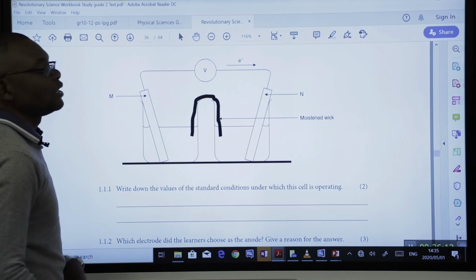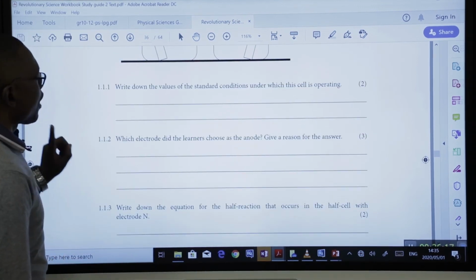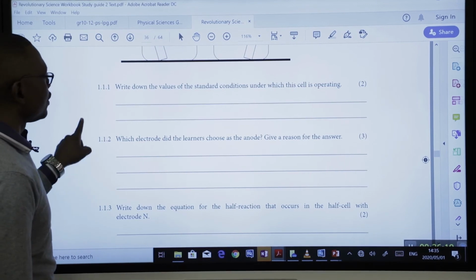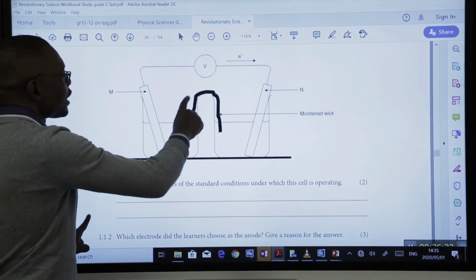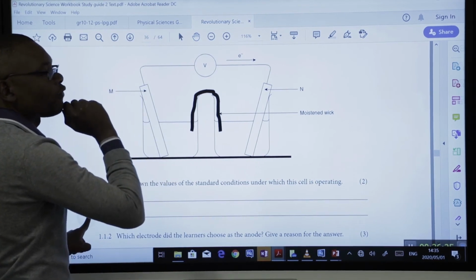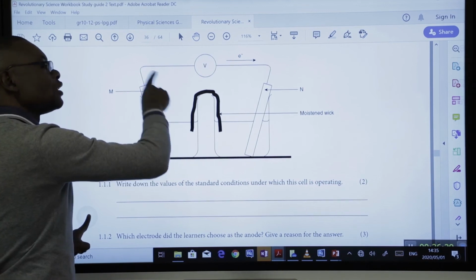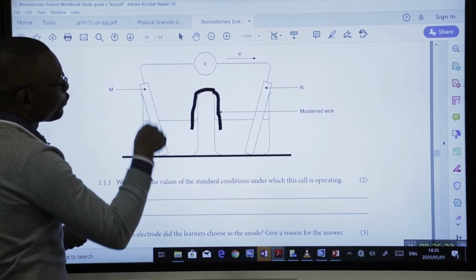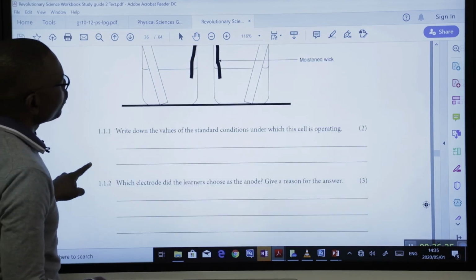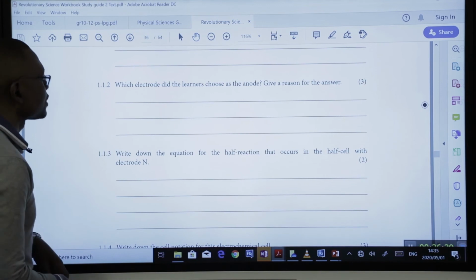So automatically electrode M becomes our anode. And the reason being that from this diagram, the direction of flow of electrons is from left to right, meaning that the left side is our anode where electrons are coming from, and the right side is the cathode where electrons are going to. So for 3 marks, you get that for that.